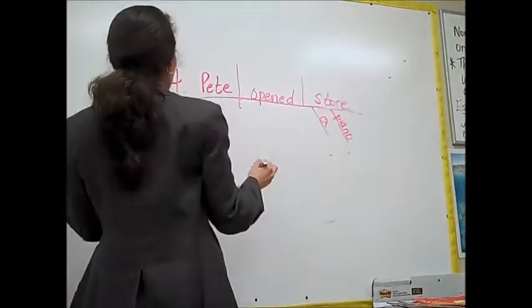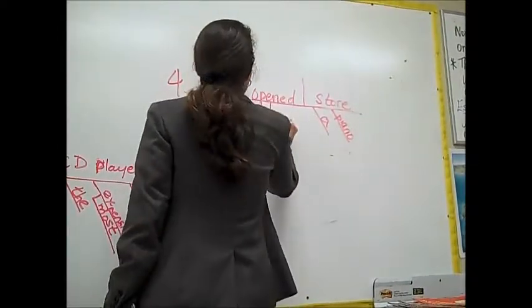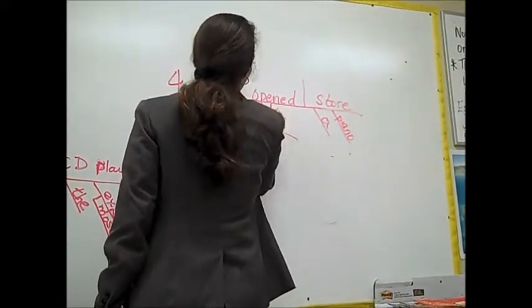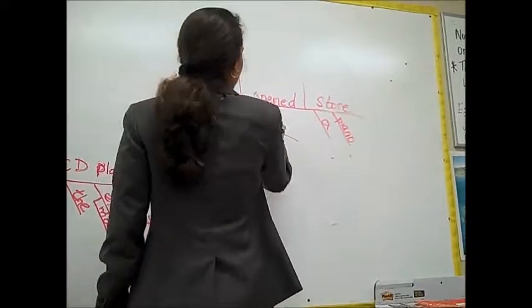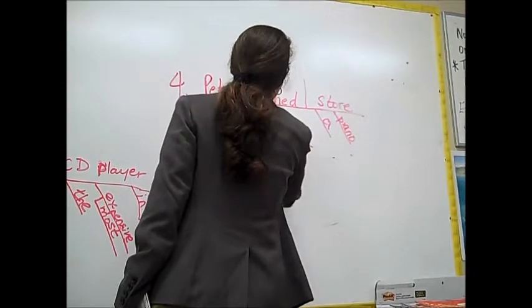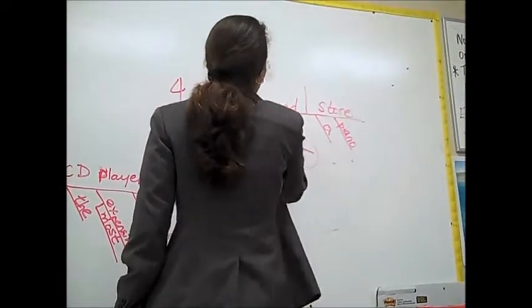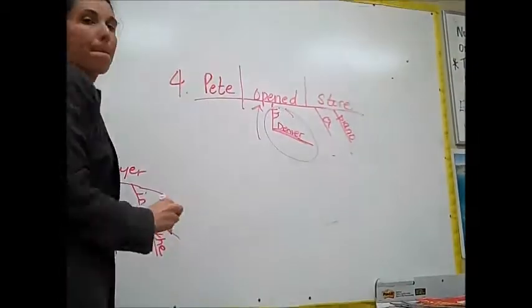And then, where did he open the store? In Denver. You should be able to know, I'm hoping by now, that in is a preposition. And so this is a prepositional phrase telling where it was opened. So it acts like an adverb telling more about opened. That's number 4.